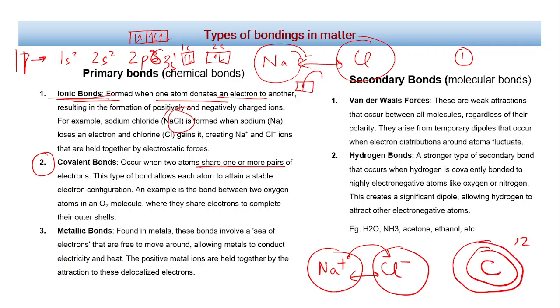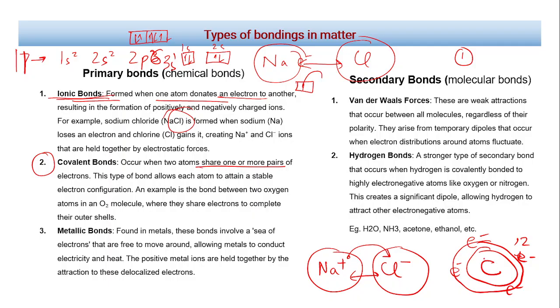In the last shell it has 4 electrons. If it gets 4 more, it will attain stability, or if it gives all these 4 out, it will attain stability, which is difficult.